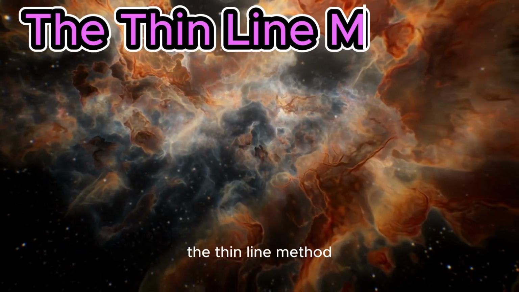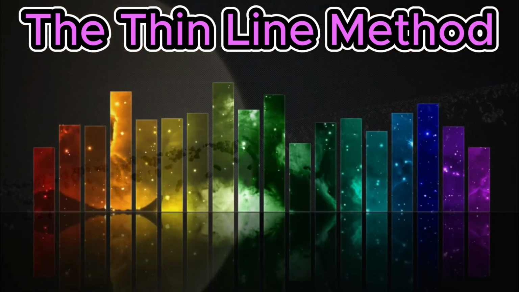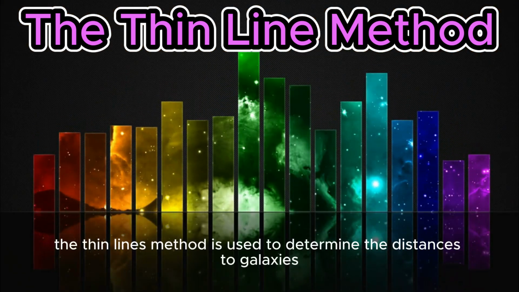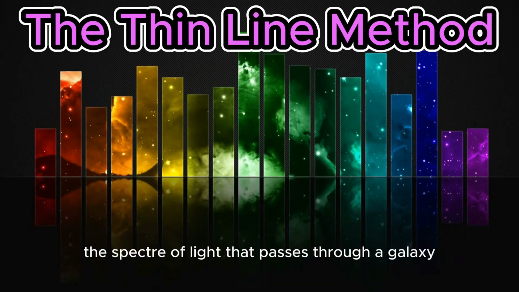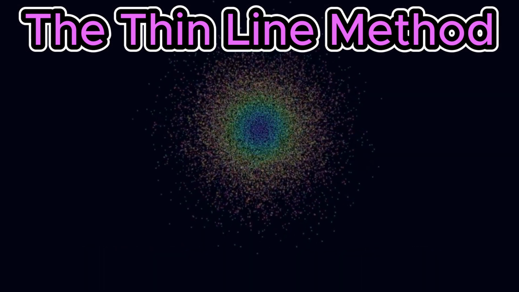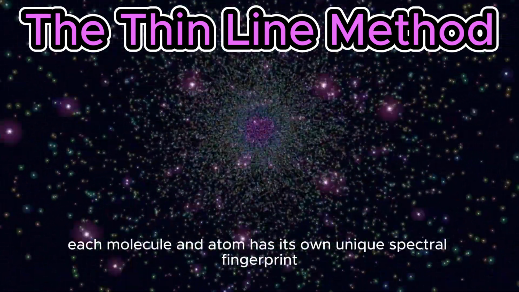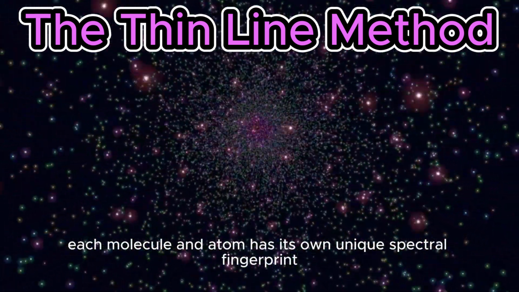The thin lines method. The thin lines method is used to determine the distances to galaxies when scientists examine the spectra of light that passes through a galaxy. Each molecule and atom has its own unique spectral fingerprint.